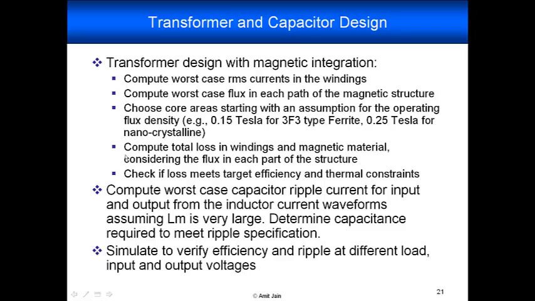Then you go through a design iteration for the transformer, compute the loss in the windings and the core, and see if the loss is meeting your target efficiency and thermal constraints, whether or not you're able to keep the core temperature down to the operating limit of the magnetic material.